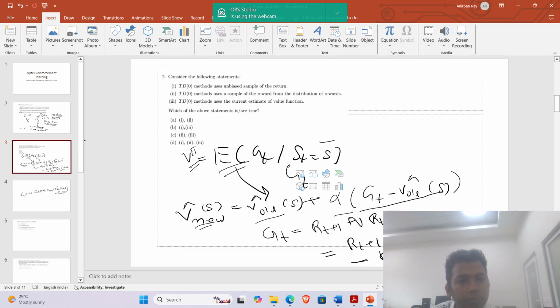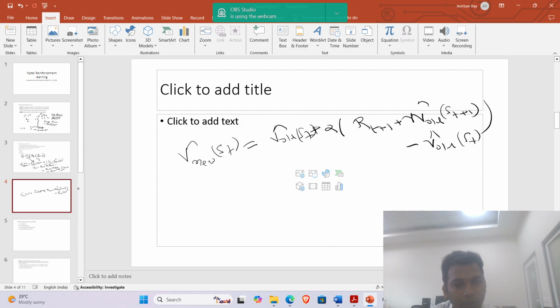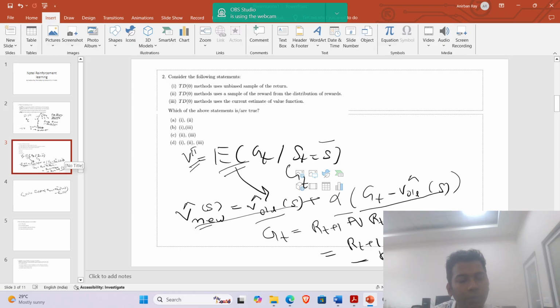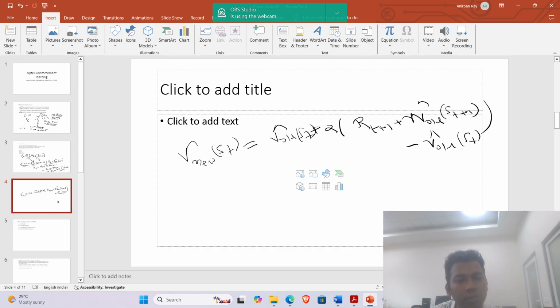So the TD0 algorithm is this one, and the question is, first I'm going to option 3 actually, it uses the current estimate of the value function. Yes, v old is the current estimate of the value function here, so it is using v old here. So the current estimate of the value function is correct.